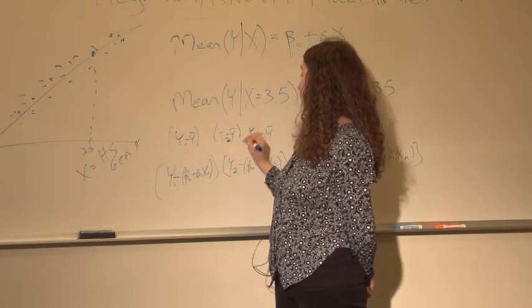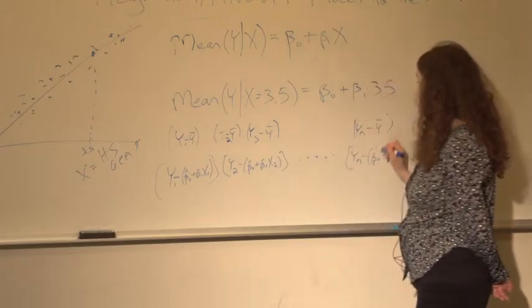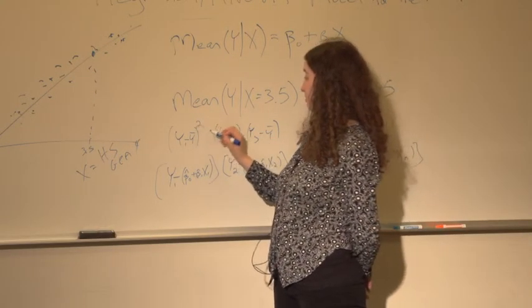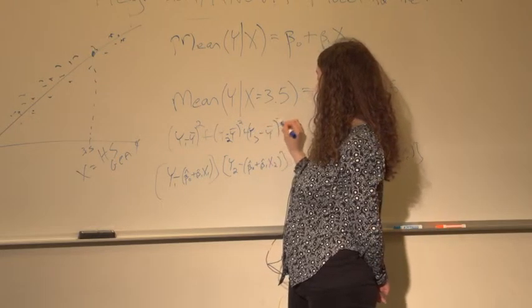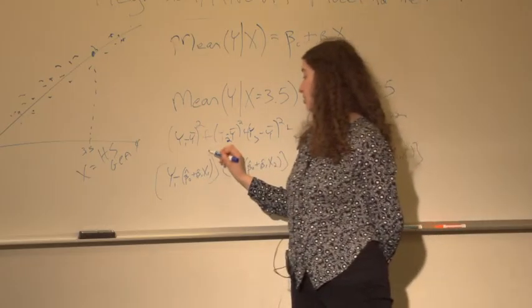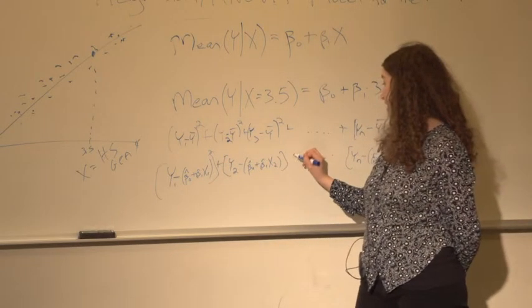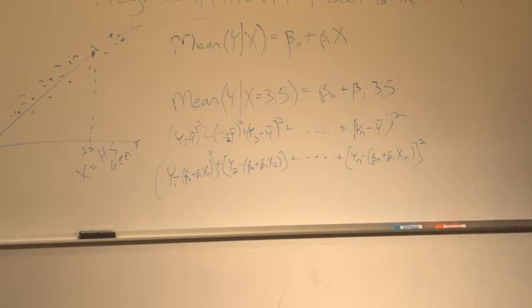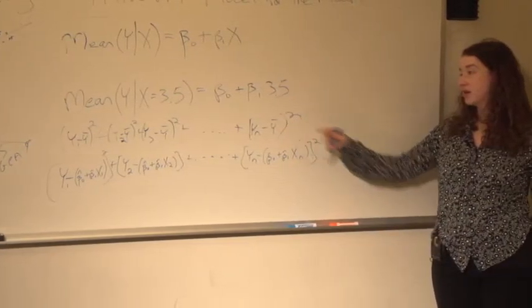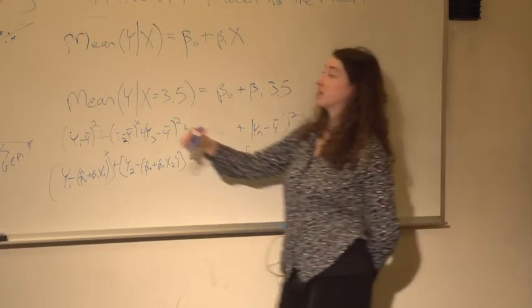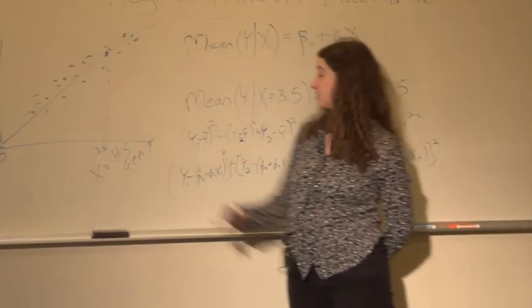If I were to just add up all these quantities, I'd get 0. They'd cancel. So I'm going to square them and then add them up. Same here. I'm going to square them and then add them up. This quantity right here is just the numerator from the variance of all the college GPAs, right?